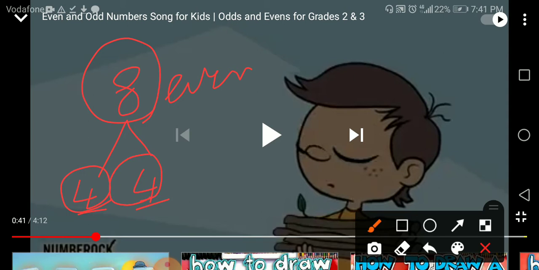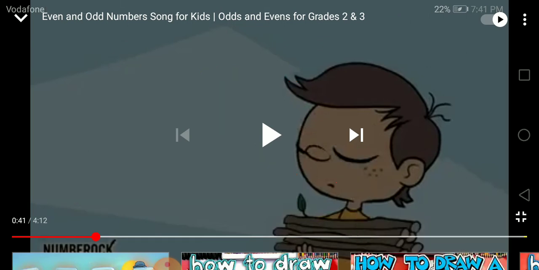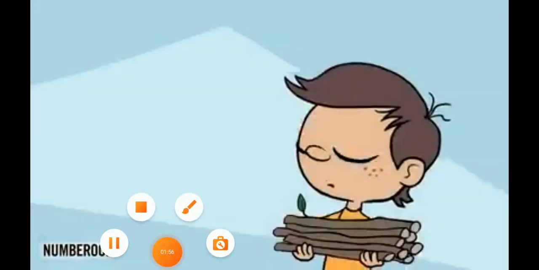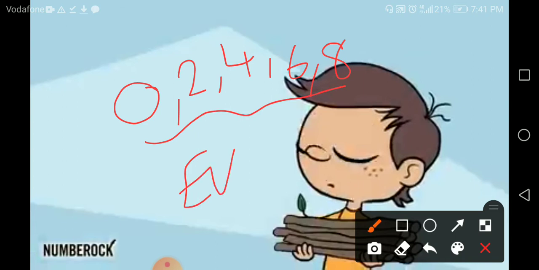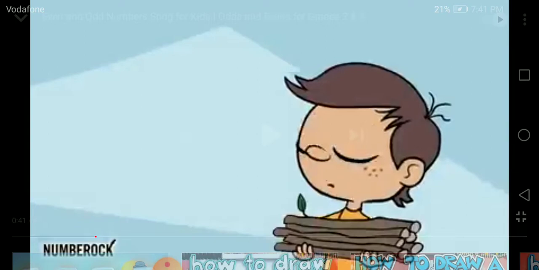And if I say I have, for example, 6, 6 is an even number. When I share it equally, it's 3 plus the same 3. So they told us also that we have got what? Let's see. We have got 0, 2, 4, 6 and 8. They are even numbers. Let's continue.